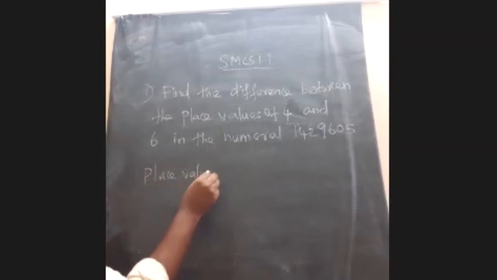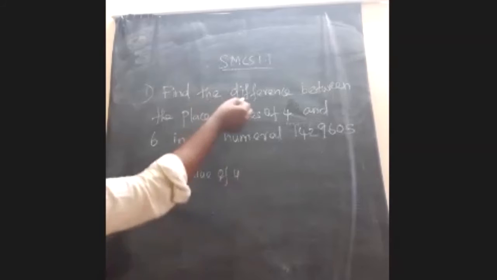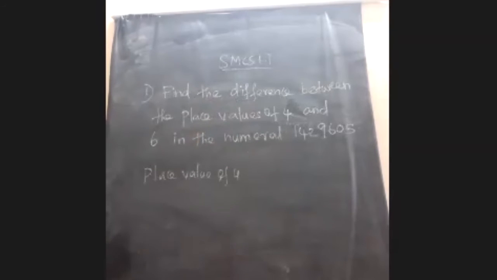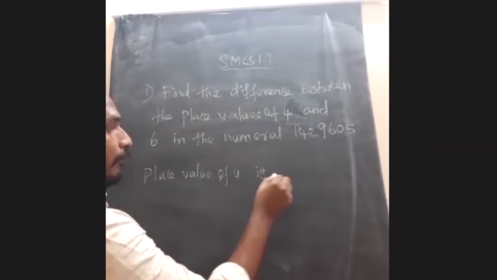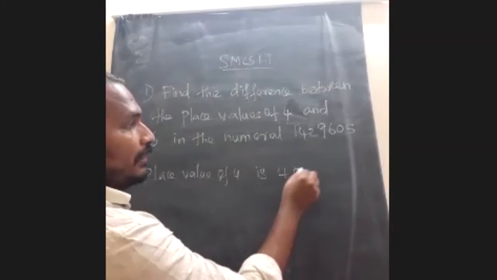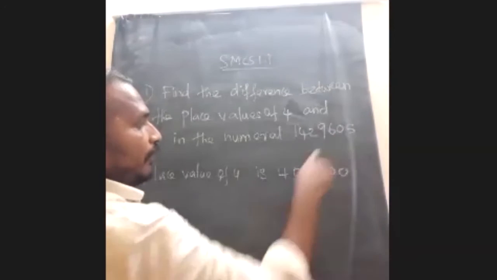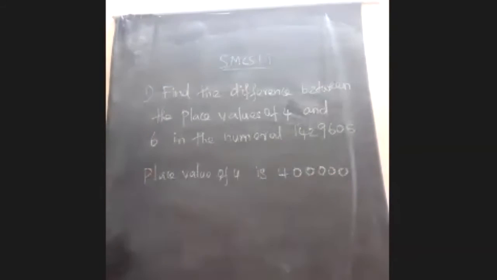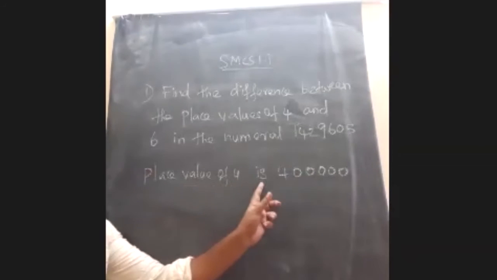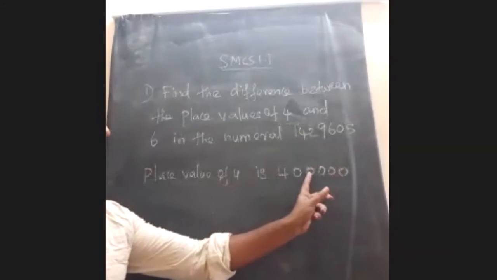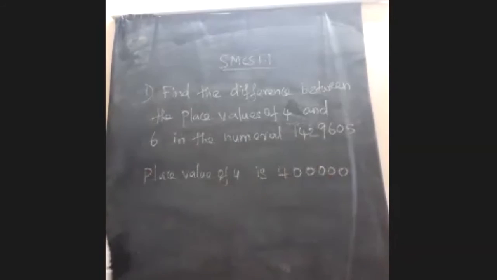The place value of 4 in this particular numeral is 4 lakh, counting 1, 10, 100, 1000, 10,000, lakh.